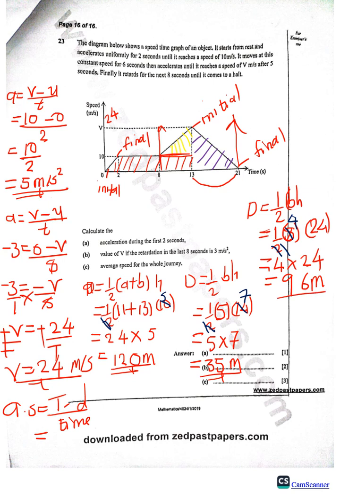So the total distance is equal to 120 plus 35 plus 96.